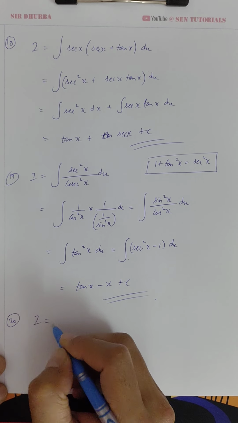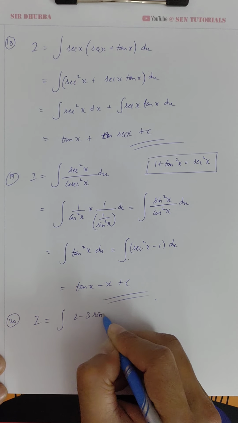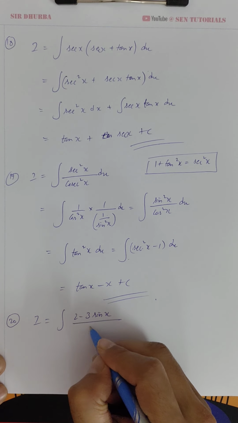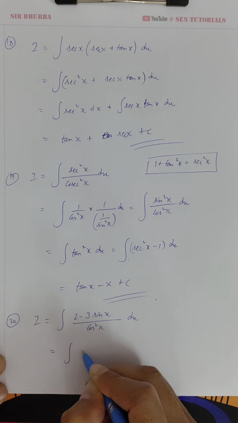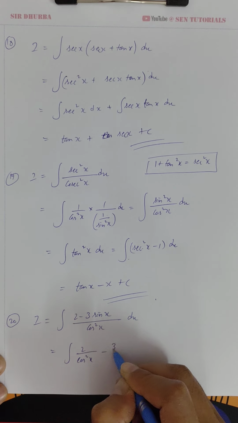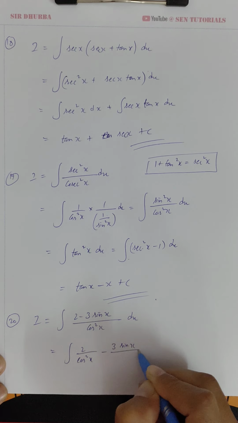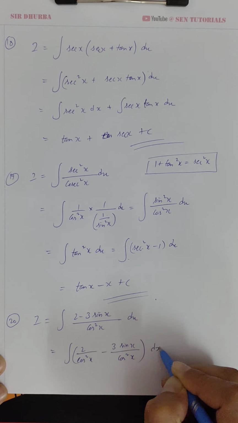20. Integral of 2 minus 3 sine x by cos square x. So let's do it something like this, taking the common denominator. I hope this one works.